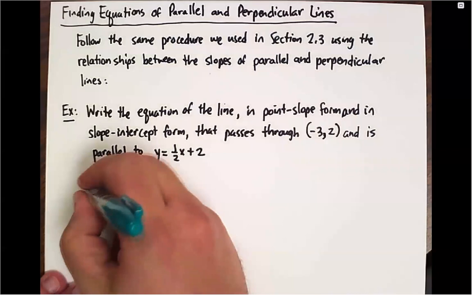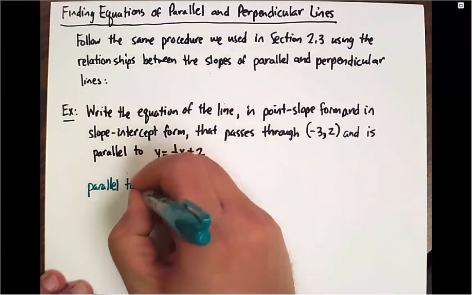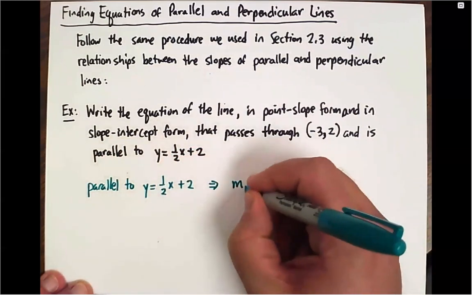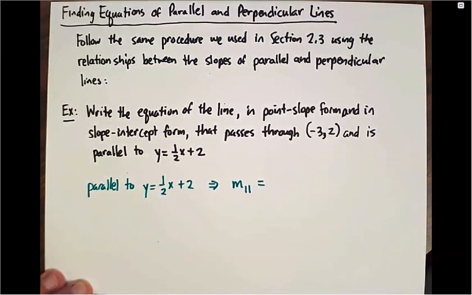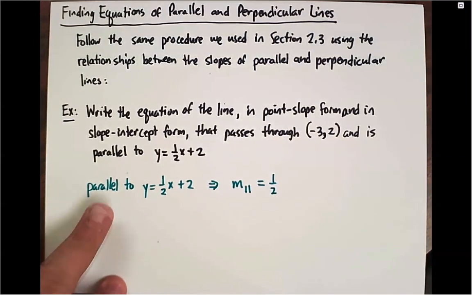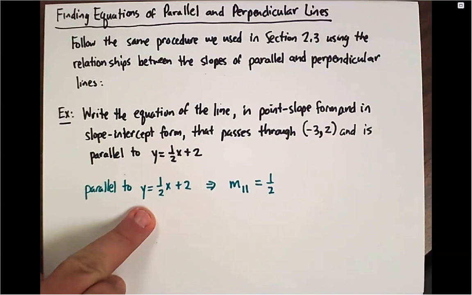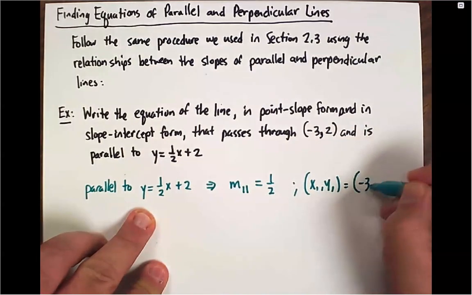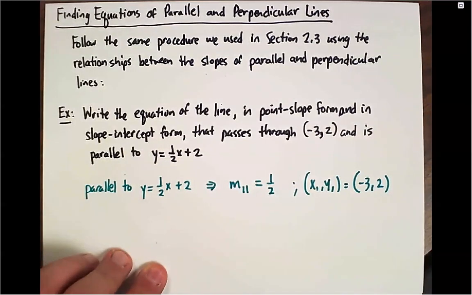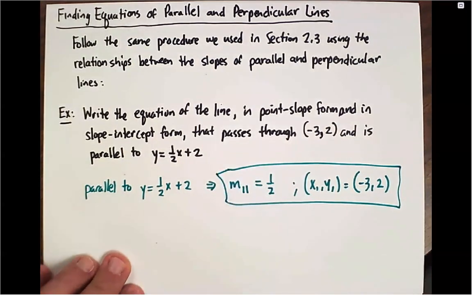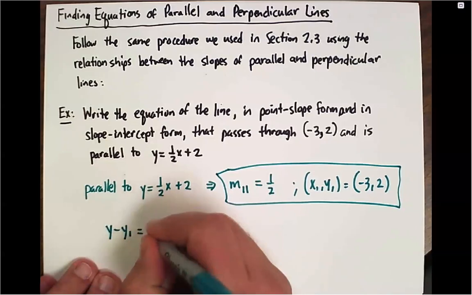So if I'm parallel to y equals 1/2 x plus 2, what's the slope of my parallel line going to be? 1/2. It's going to be the same as the slope of the original line, which is already in slope intercept form. And then my point x1, y1 is going to be (-3, 2). So I'm going to take this information and write my equation. I'm going to do point slope first.